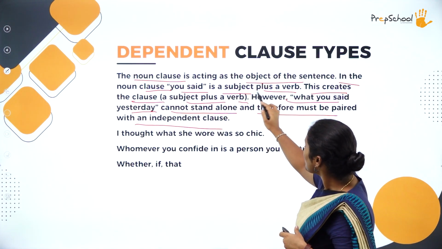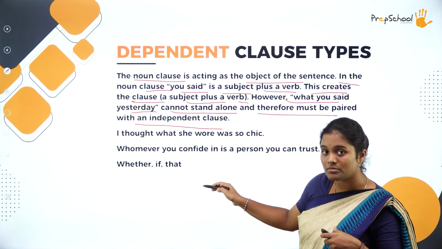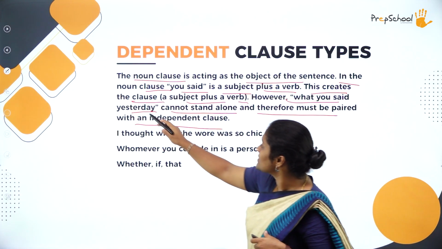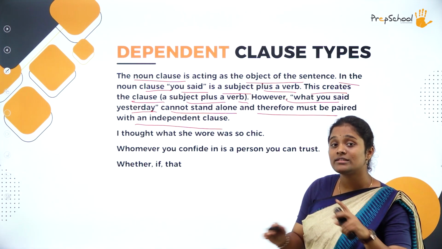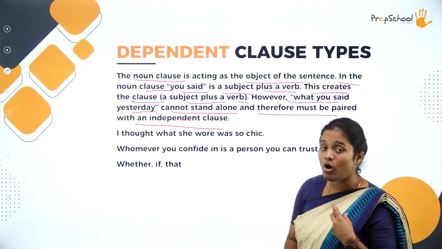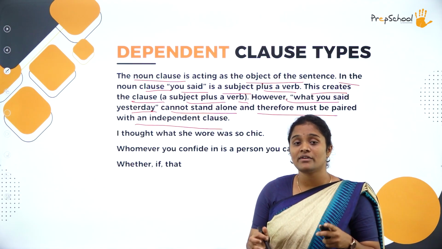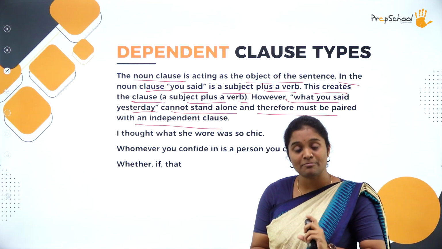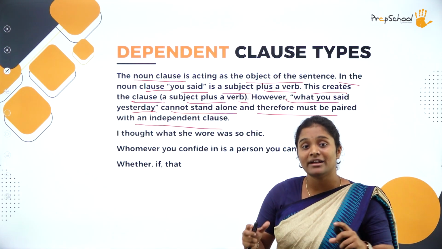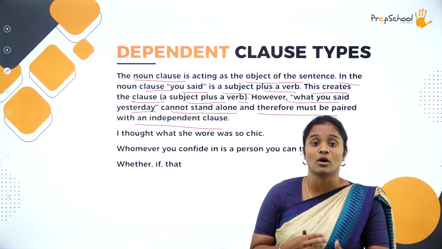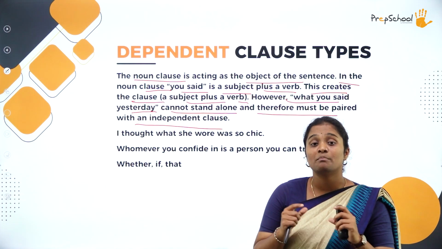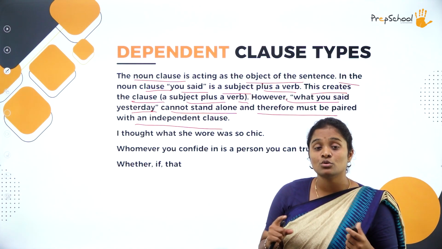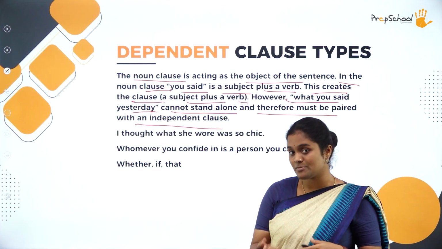It is a subject plus a verb. Alright? This creates the clause, a subject plus verb. Again, however, what you said cannot stand alone, hence it is dependent. All you need to remember is to identify which one is dependent and which one is independent. So that from the dependent ones, when you have to identify whether it is a noun clause, an adverbial clause, or an adjective clause, based on the work that they are doing, you'll get to know which type of clause is being used.